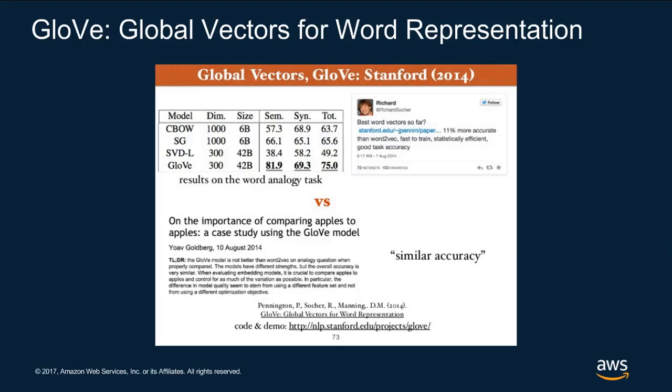GloVe, which stands for Global Vectors for Word Representation, is a Stanford project. It has leveraged a very, very large corpus and that co-occurrence, plus a little bit of a decay factor applied for words that co-occur at farther distances from each other.